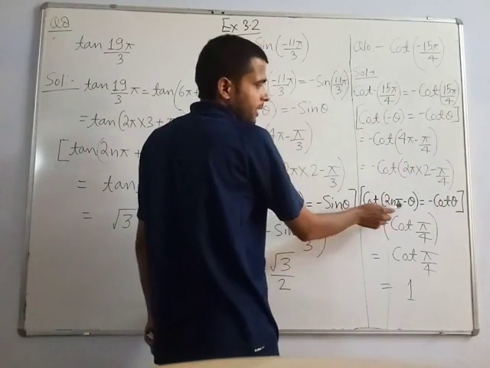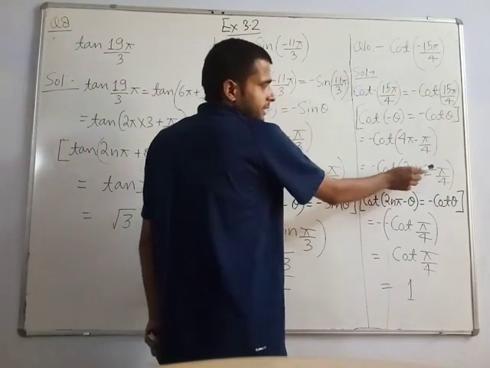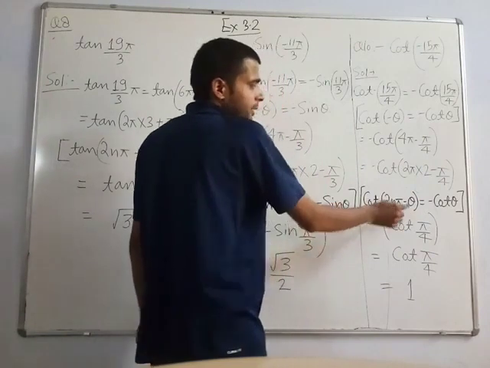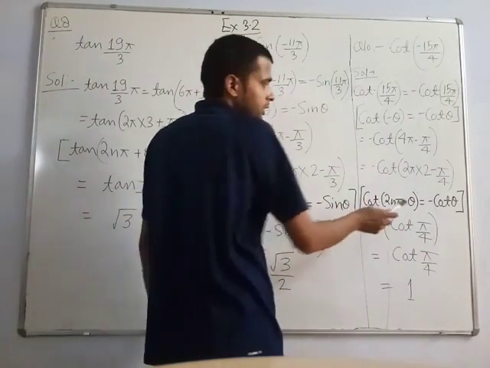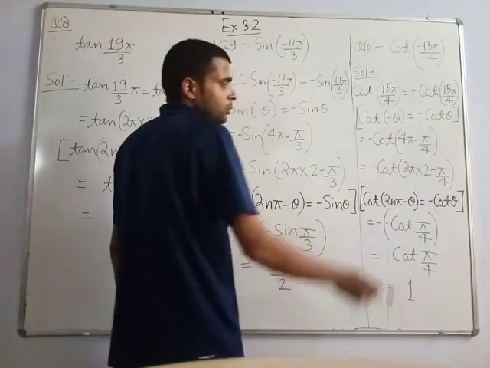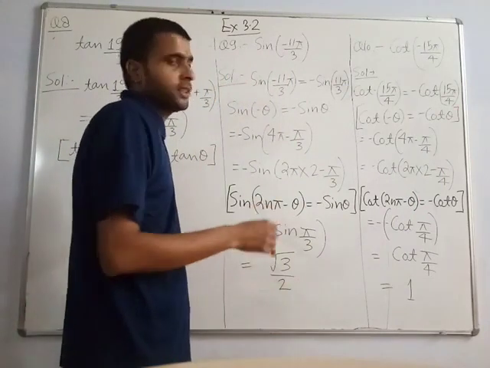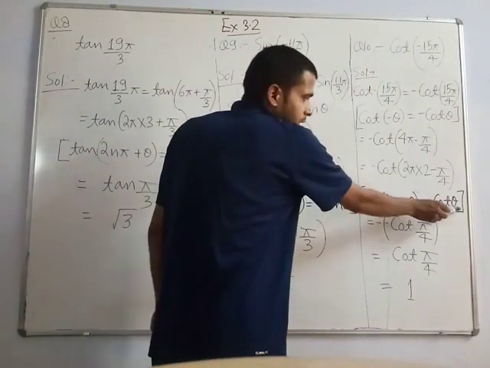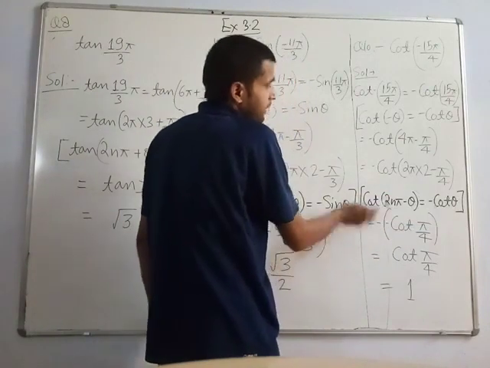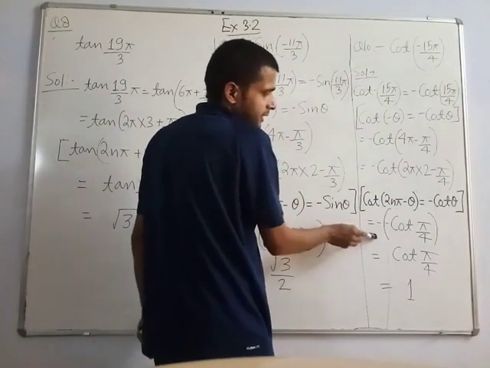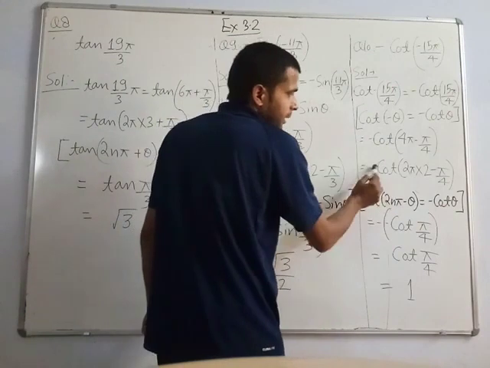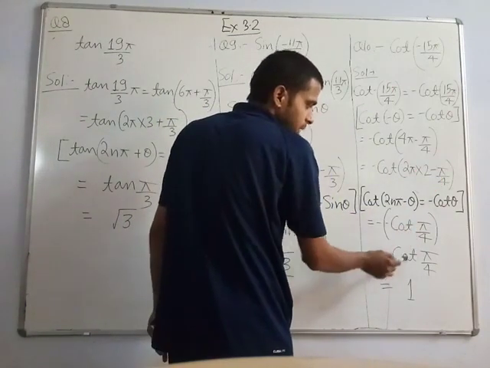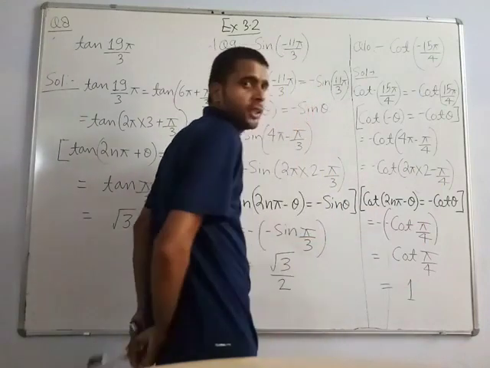So cot of 2n pi minus theta, in this case n is 2. Cot of 2n pi minus theta equals minus cot theta, because it lies in the fourth quadrant, where cot is negative. So one minus sign is there, and minus pi upon 4 gives minus times plus cot pi upon 4, which is 1.